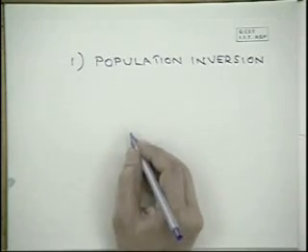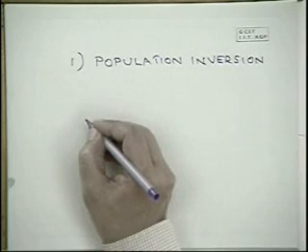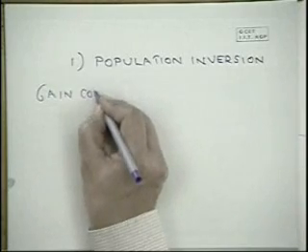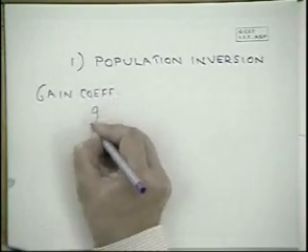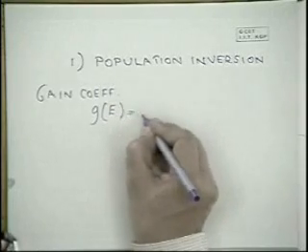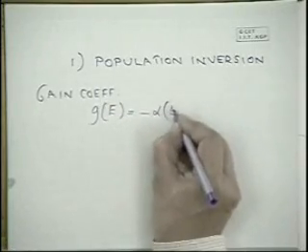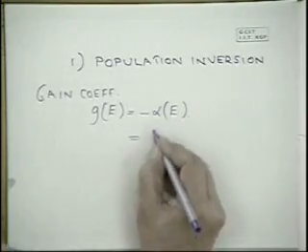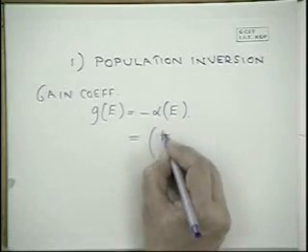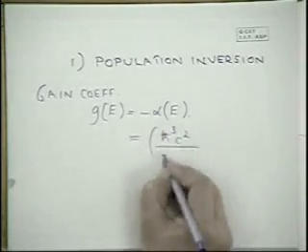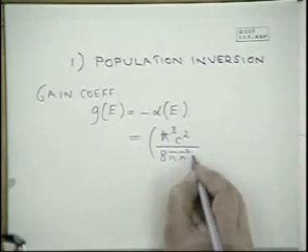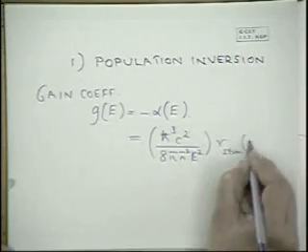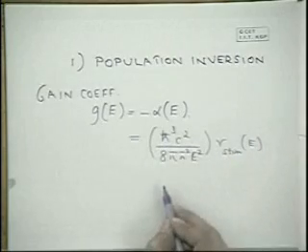And from the equations that I gave last time, it is possible to determine that the gain coefficient, G as a function of energy, which is just the negative of the optical absorption coefficient, is related to h cubed c squared by 8 pi n bar squared e squared over R. This is from the Einstein relation relating the absorption to the stimulated emission.